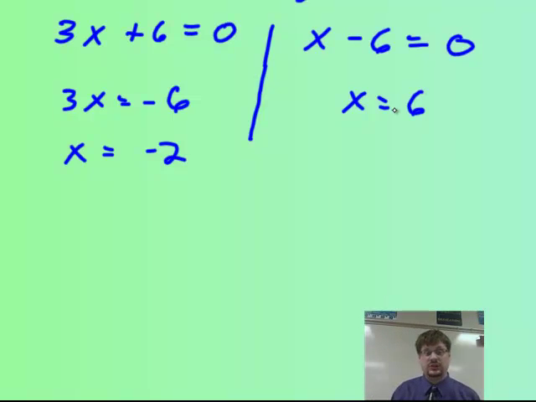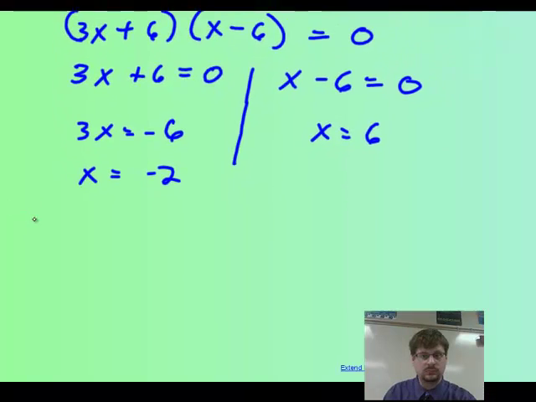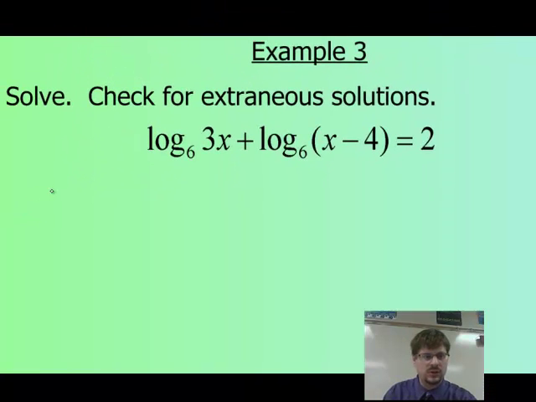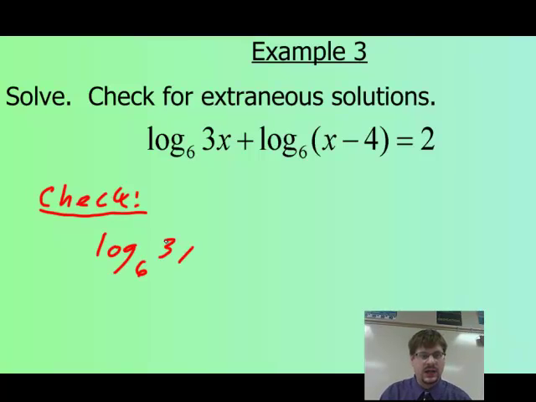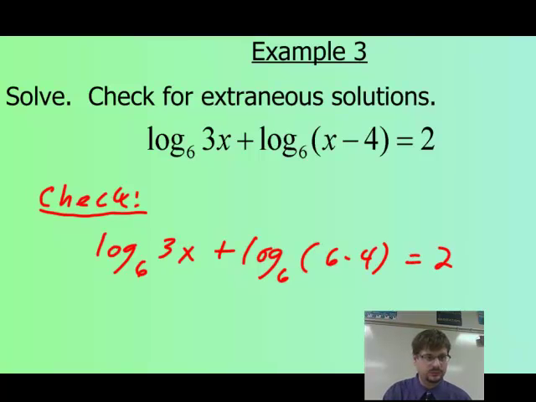Okay, so we need to check for extraneous solutions, so we're going to try both of these out, and we'll substitute these into the original equation. I'm going to start with the positive 6, so we'll have log base 6 of 3x plus log base 6 of x minus 4 equals 2.